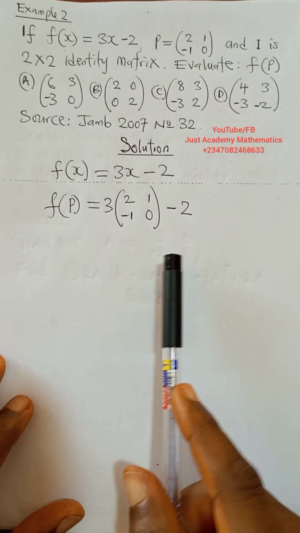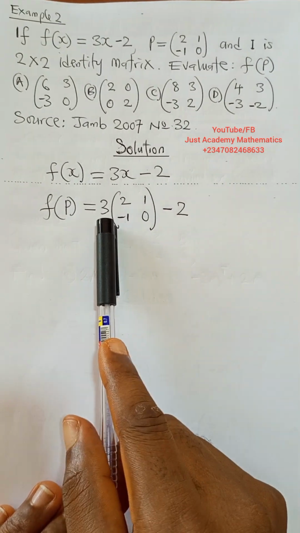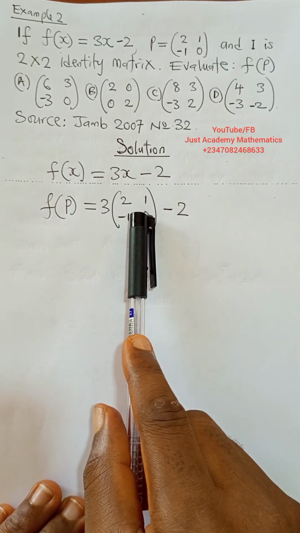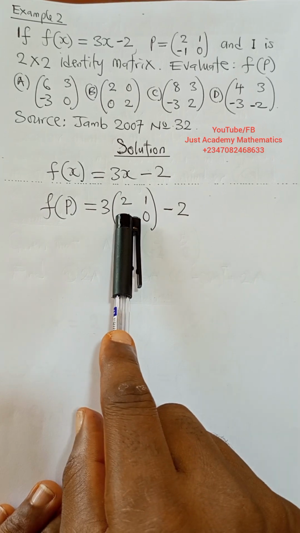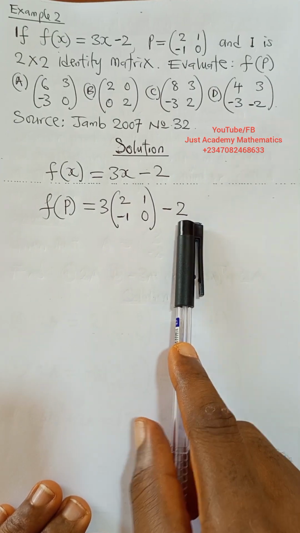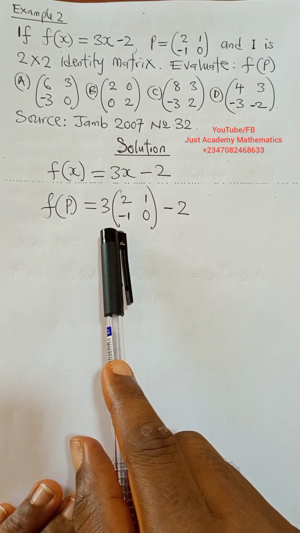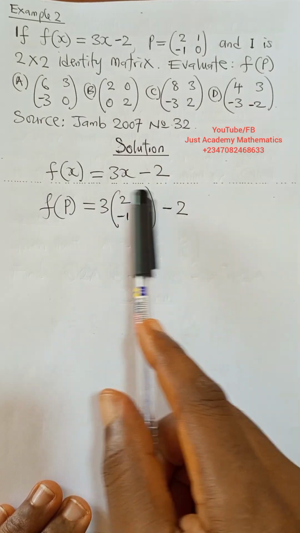Now, there is something you need to know. After multiplying this, you cannot subtract 2 from it, because you can't subtract a single number from a matrix. I told you in our last class that for you to subtract two or more matrices, their dimensions must be the same. This one is a 2 by 2 matrix.